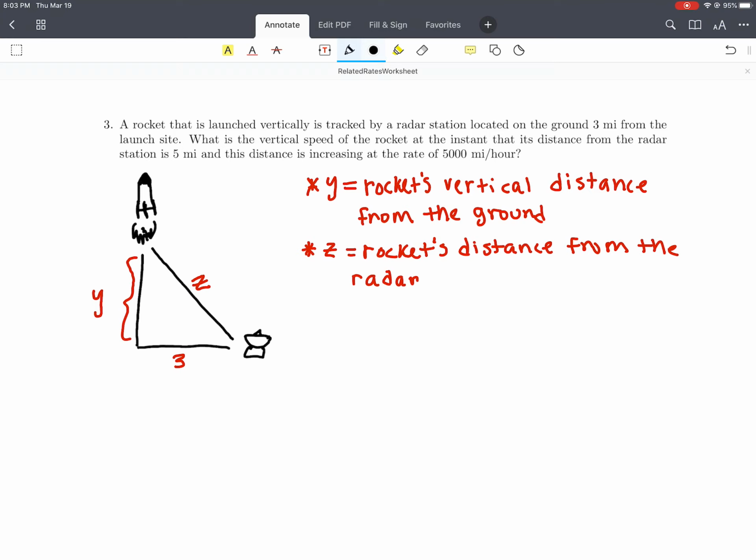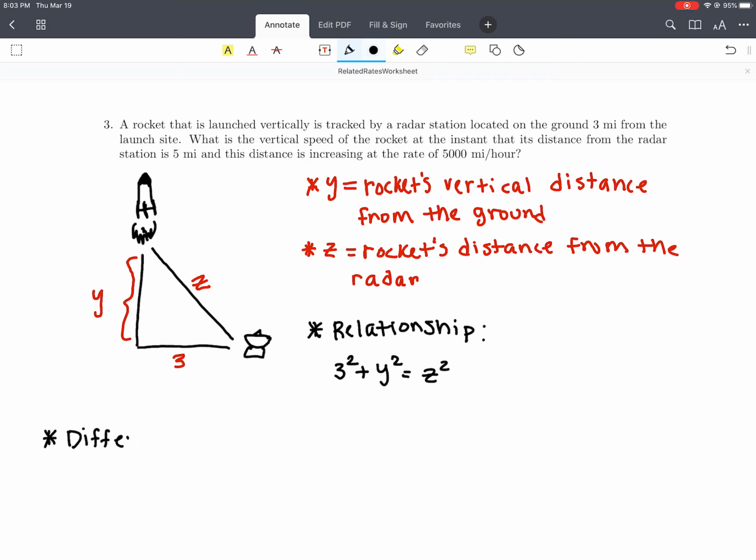So now we need a relationship. Well, again, we've got a triangle, so our relationship is 3 squared plus y squared equals z squared. And we can take the derivative of that.